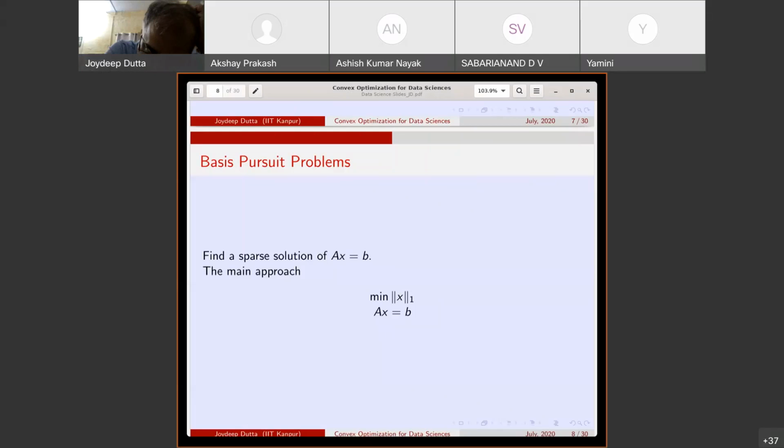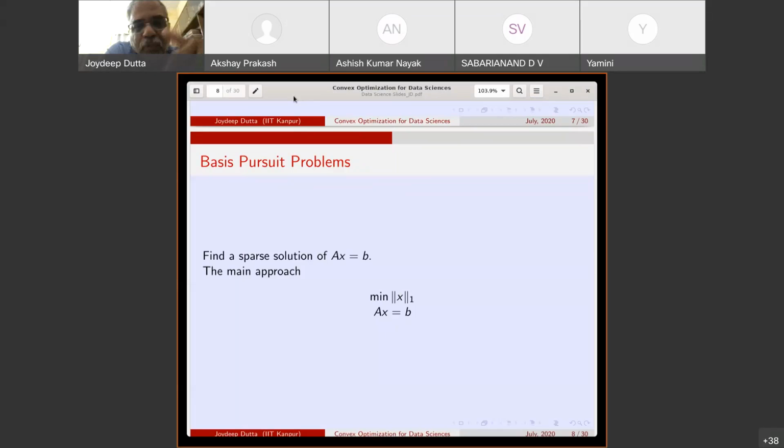Now, what happens in many, many situations, so how does it differ in real applications, this solving of Ax = b, from my actual linear algebra classes? It differs because in real applications, you don't just need any solution.